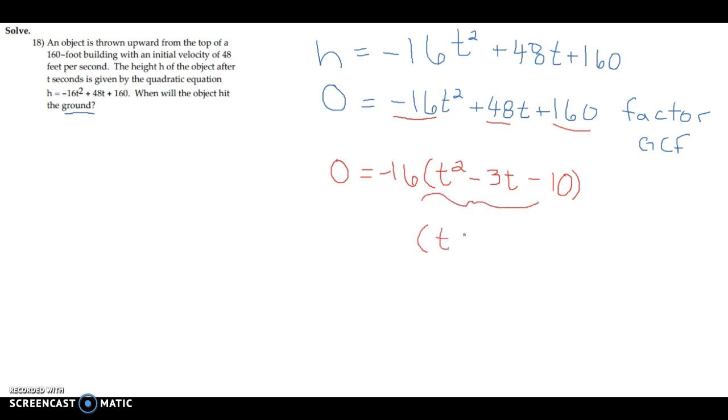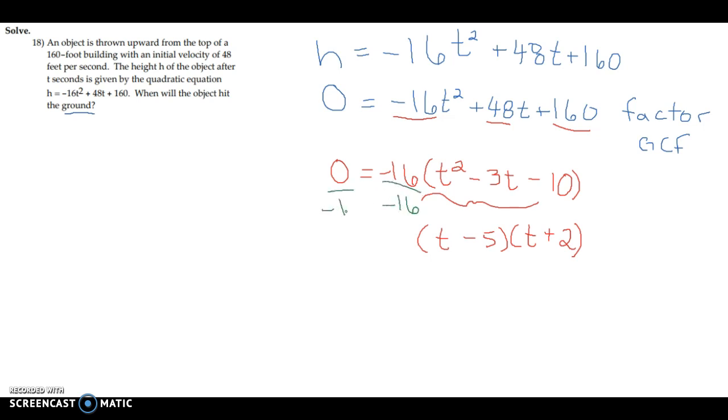This factors into t minus 5 and t plus 2. Oops, not 12, sorry, let me fix that. Not 12, but 2. Now, like I said, I'm ignoring the negative 16, but all we're really doing is dividing it off.